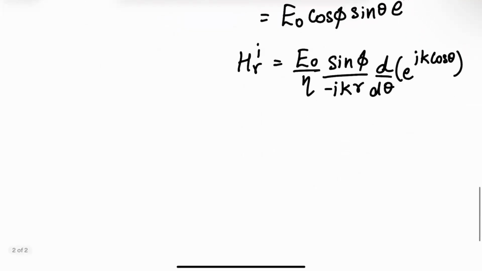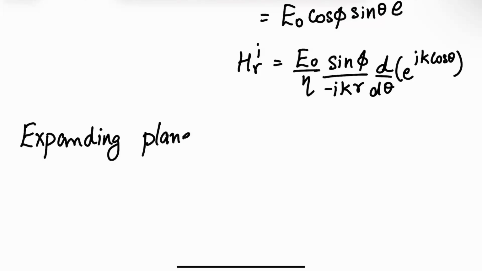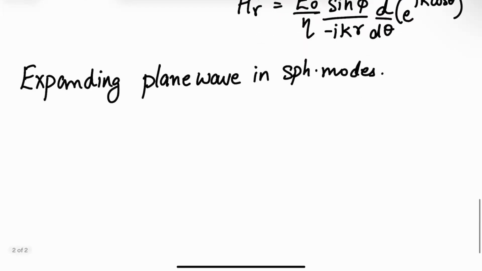Okay, and this is the result that's pretty famous. It's called the spherical wave expansion of a plane wave. So expanding a plane wave in spherical modes. Right? Because the spherical wave expansion is the basis for any field distribution that satisfies the wave equation, and so is the plane wave. So they both are bases. So you can transform from one to the other, right? It's just a basis transformation.